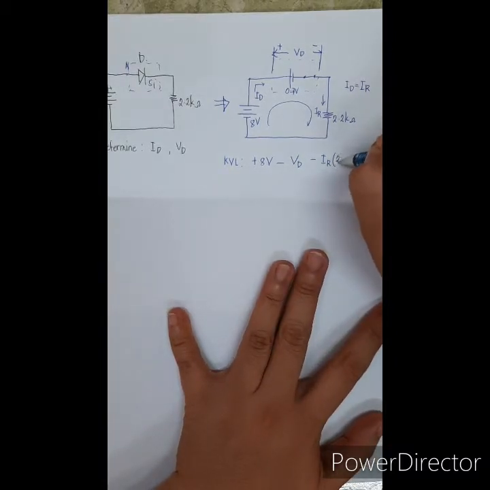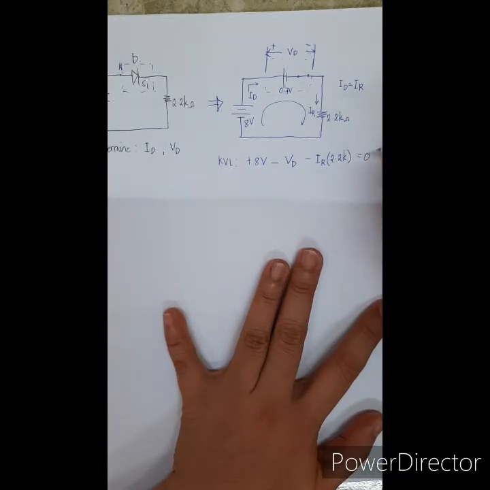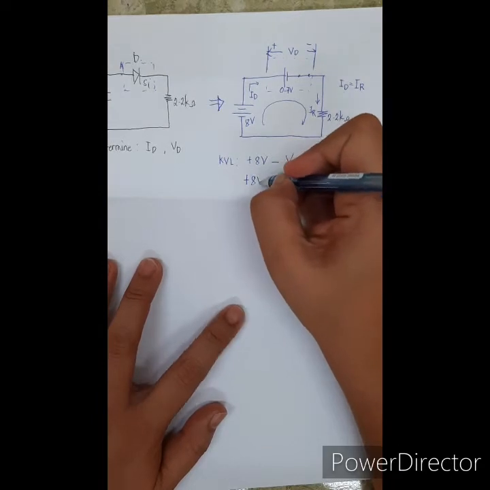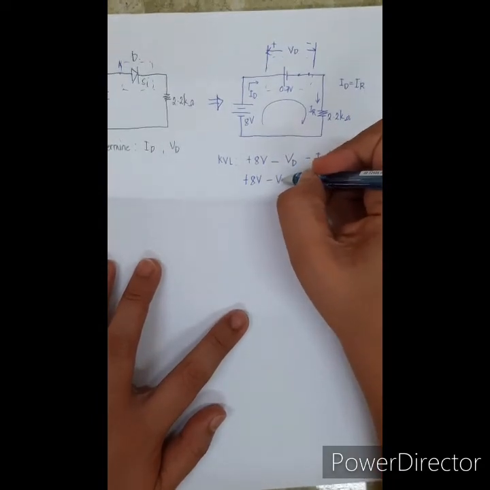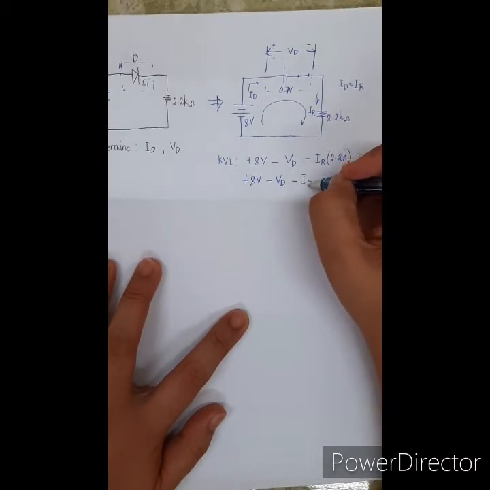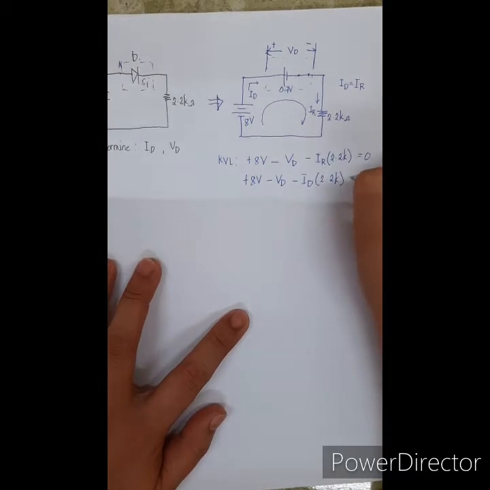IR times 2.2K is equal to 0. Or, that is positive 8 volt minus VD minus ID times 2.2K is equal to 0.